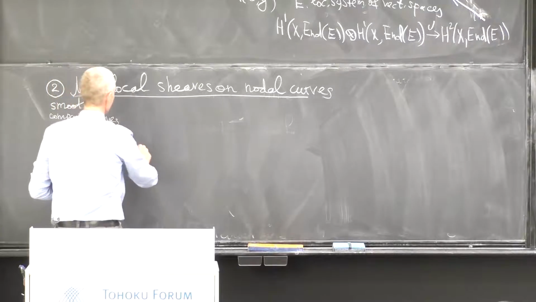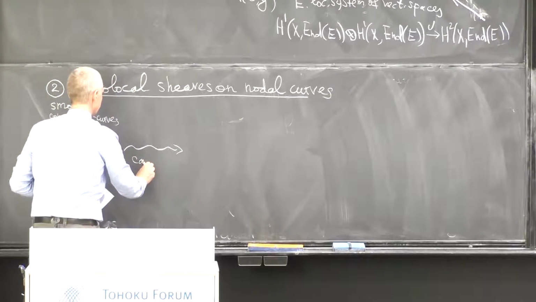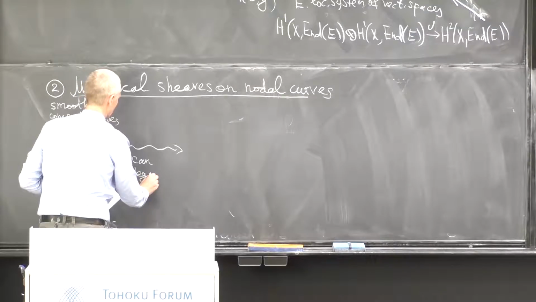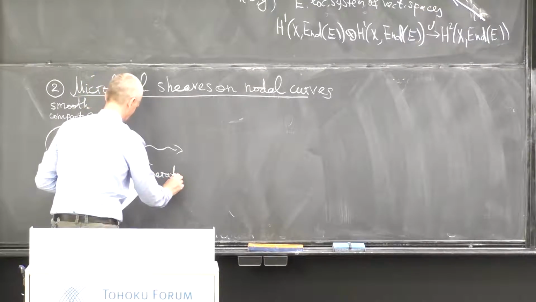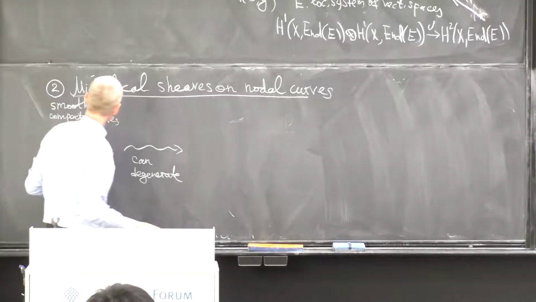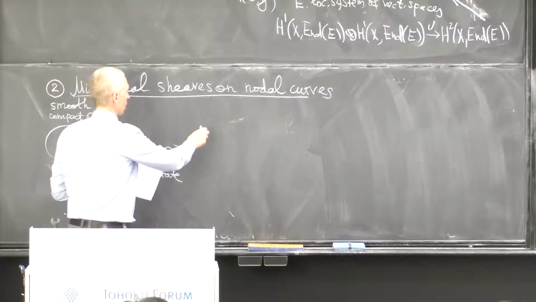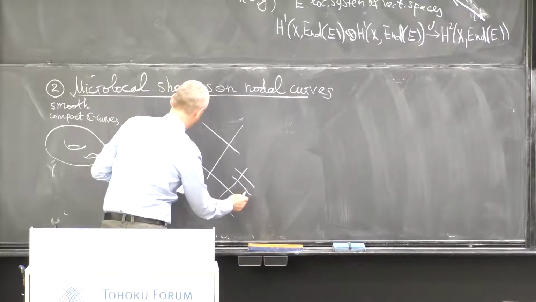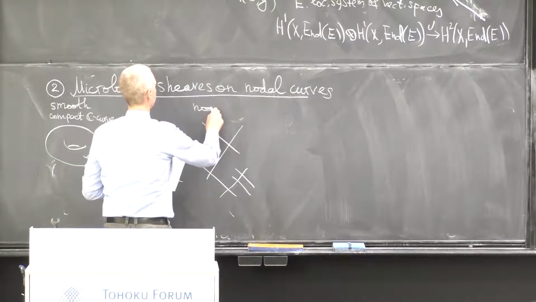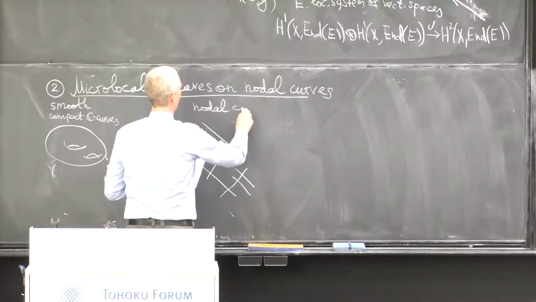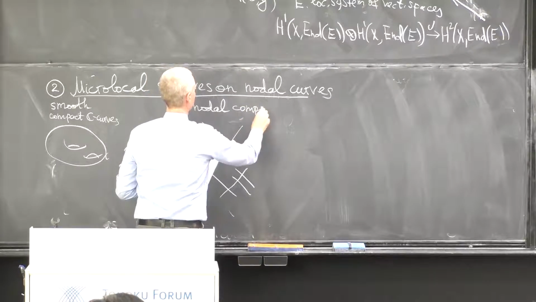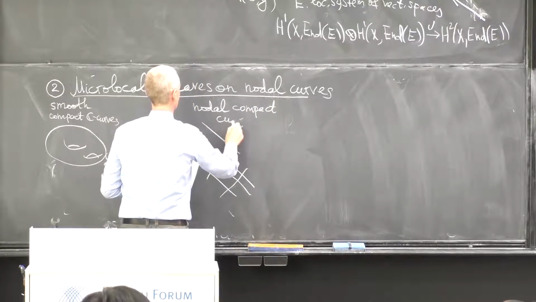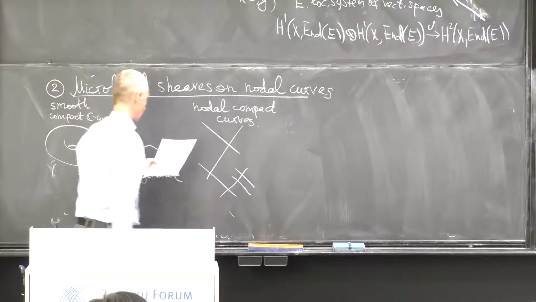But then it can degenerate into a curve, which I will just draw schematically like this, into a nodal compact curve.